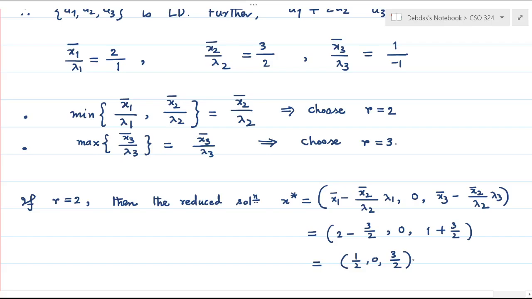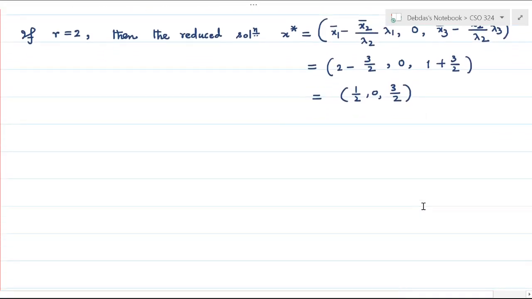Now you consider the vectors associated to the non-zero components of x star and check whether that is linearly independent.